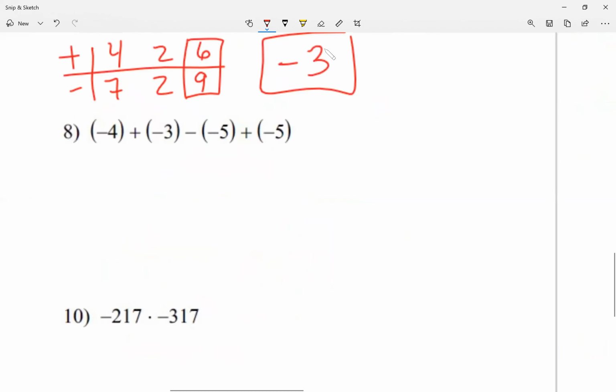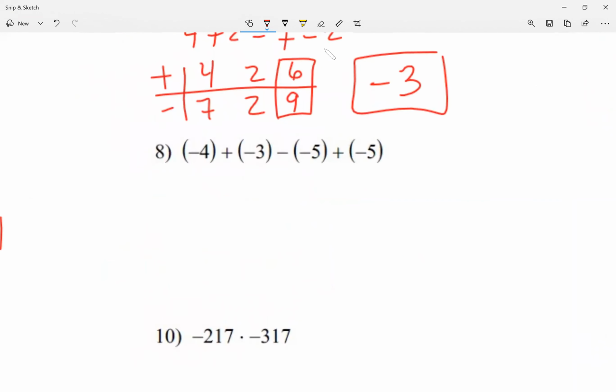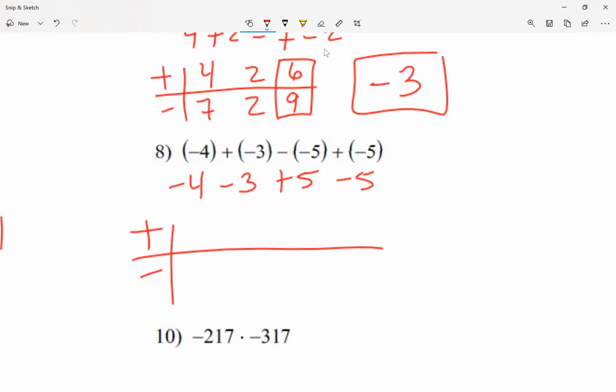Cool. Let's take a look at one more example here. Let me write everything without parentheses. So minus 4 minus 3 plus 5 minus 5. Let me separate the positives and the negatives. So negative 4, negative 3, positive 5, negative 5.